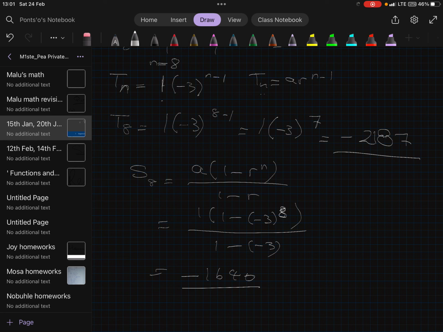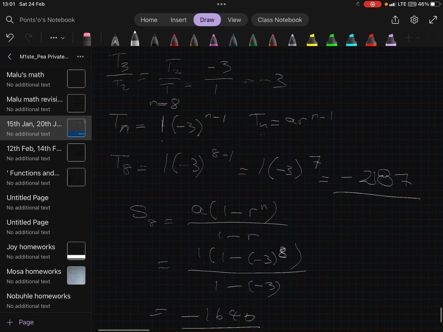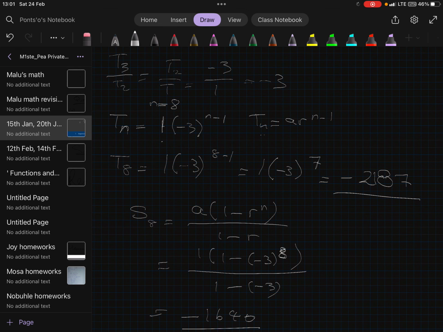So the next number after 9 would be how much, if we take into account the formula Tn equals a r to the power n minus 1?